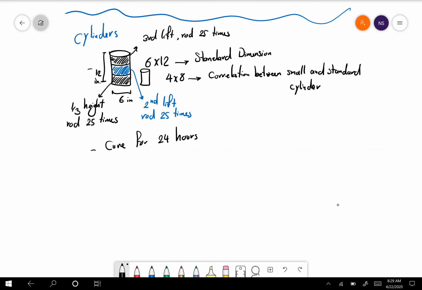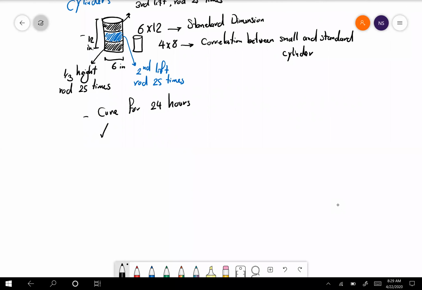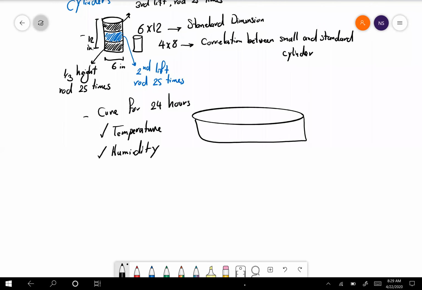Most of the time, the curing process includes putting the sample in a controlled temperature and in controlled humidity. And that most of the time includes putting your samples in a water bath. So put all your samples in water.